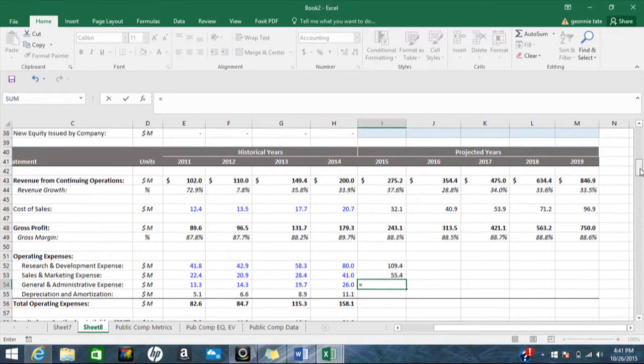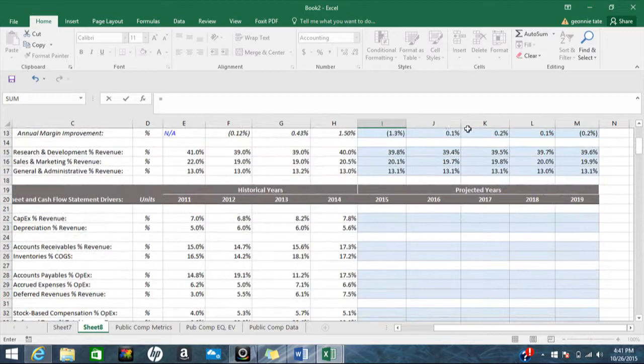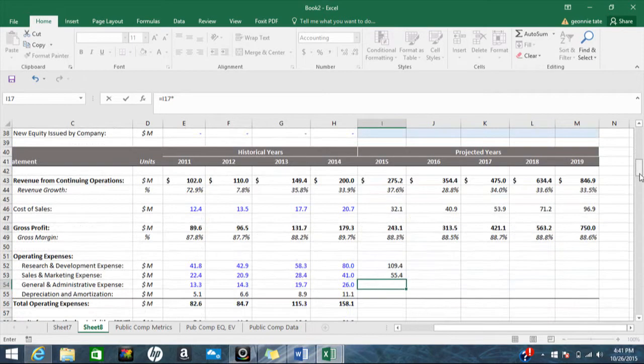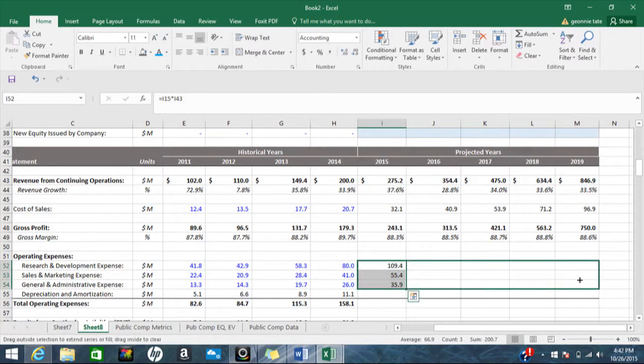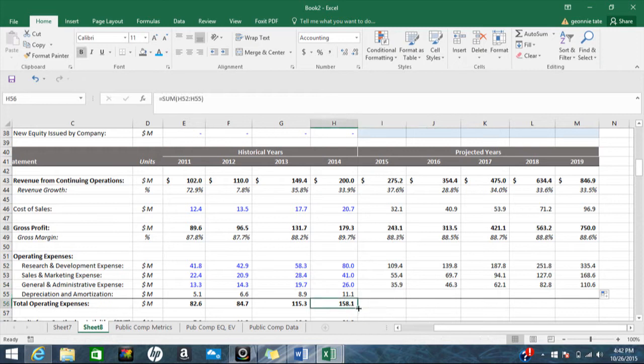And the general and administrative expenses, it's also a metric as a percentage of the revenue. I'm going to copy all these formulas over. Copy the sum over also.